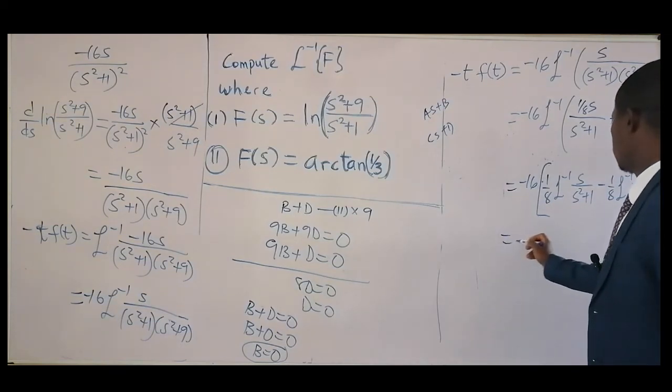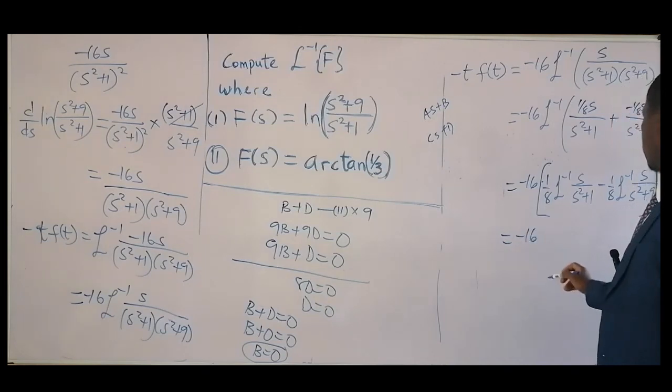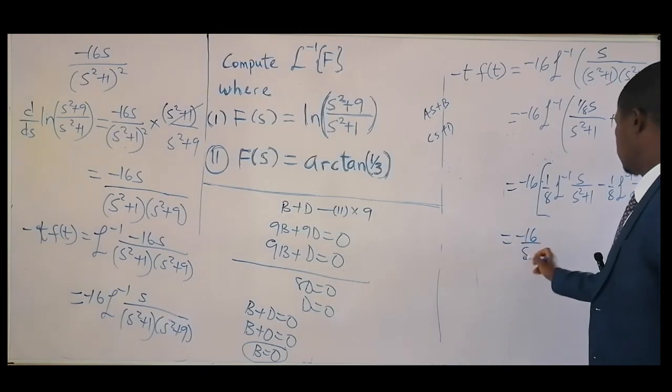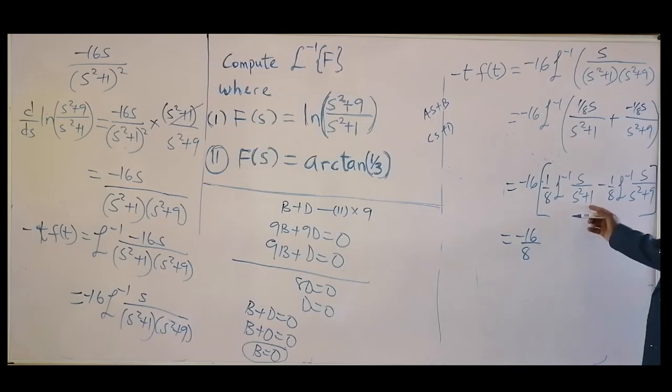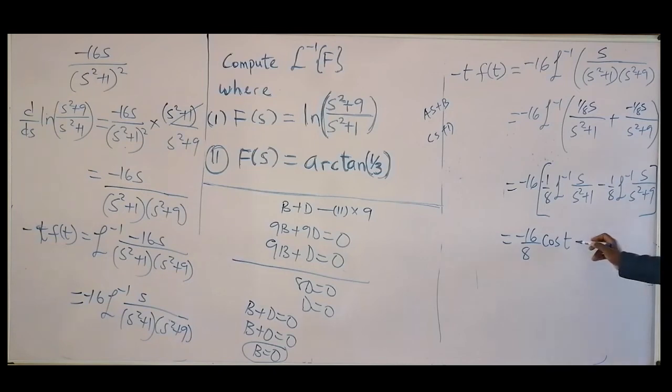This will be equal to minus 16/8 cos t plus 16/8 cos 3t.